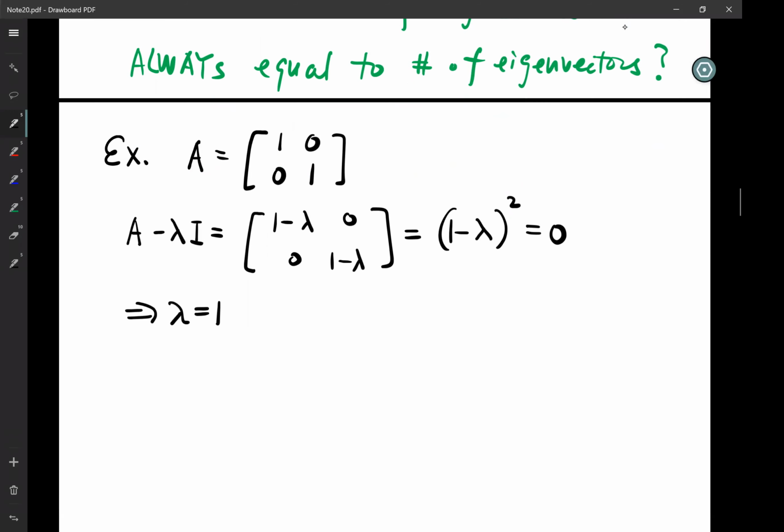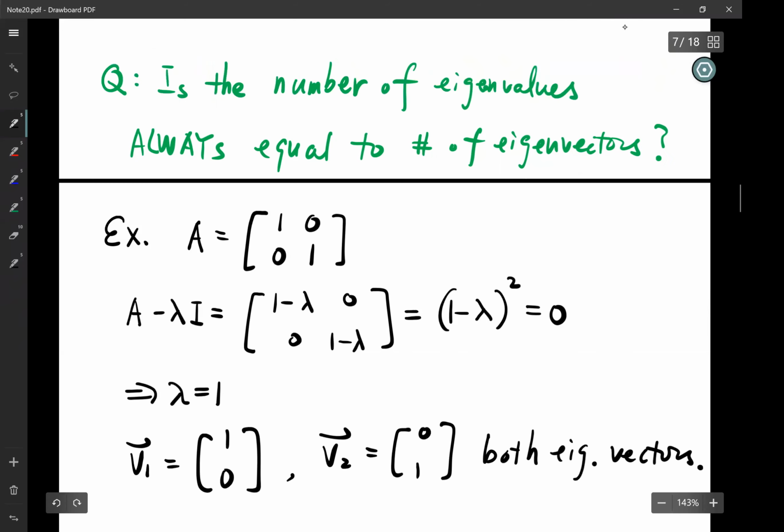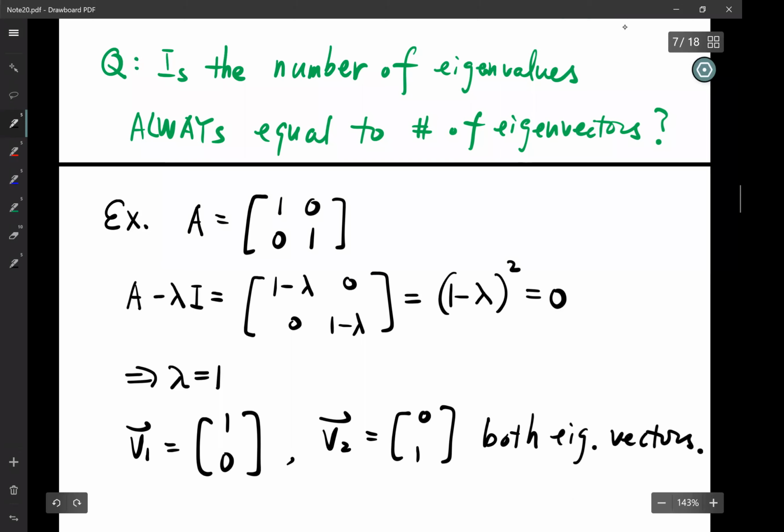So this should satisfy A minus lambda I, V equal to 0, but this is just a zero matrix. I can take two arbitrary vectors, let's say 1, 0 and 0, 1. So these are both eigenvectors. Therefore, the number of distinct eigenvalues is not necessarily always equal to the number of eigenvectors.